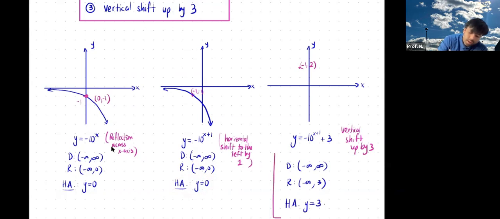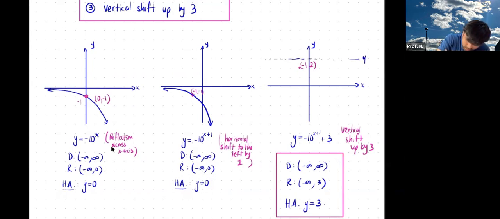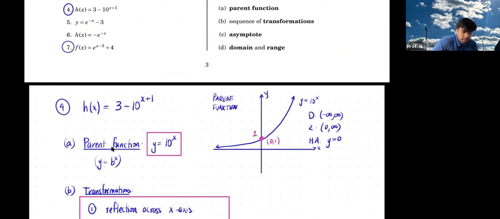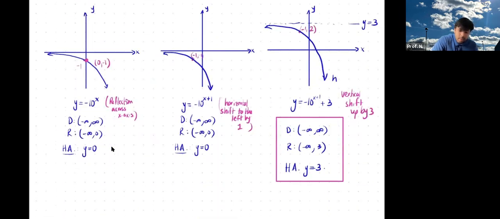So this is the information that I need. And then this is the new horizontal asymptote, and then I have this as my graph of my function h, right? It's h, yeah. h of x.